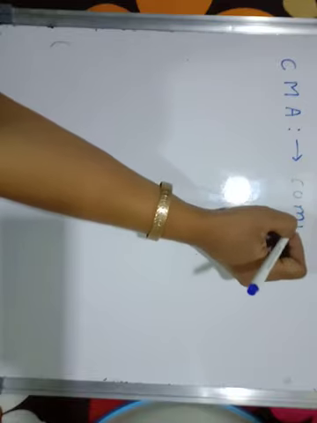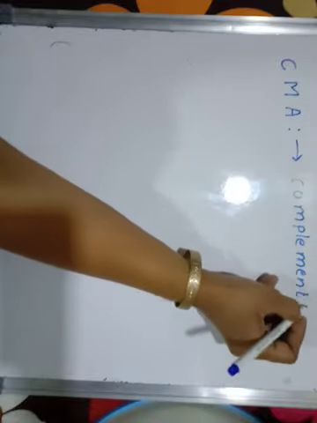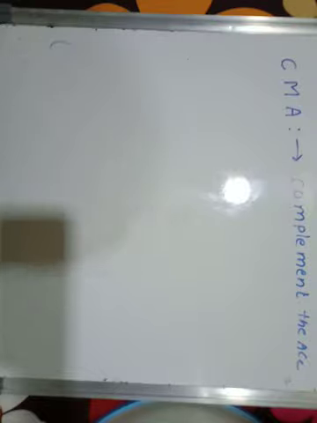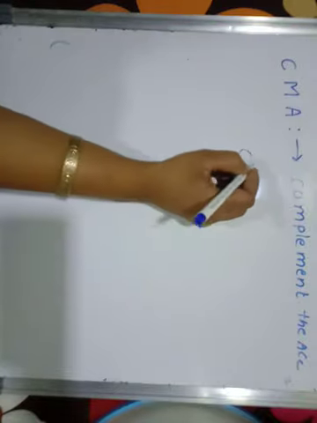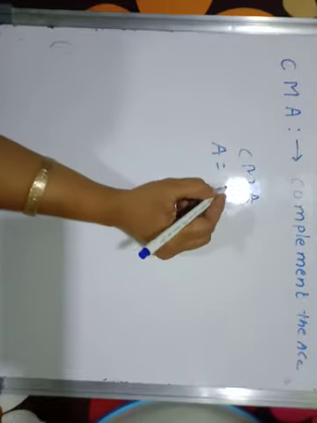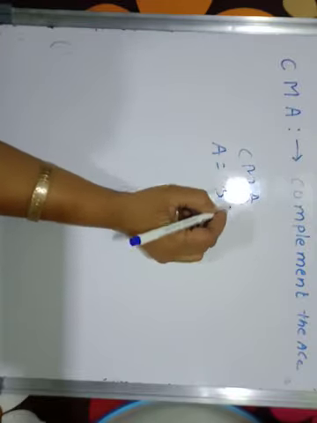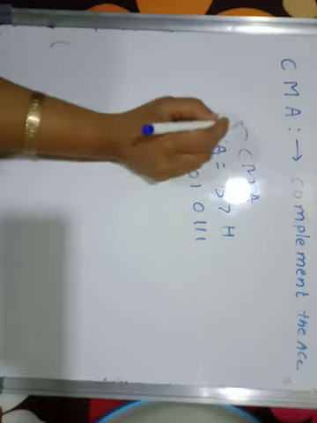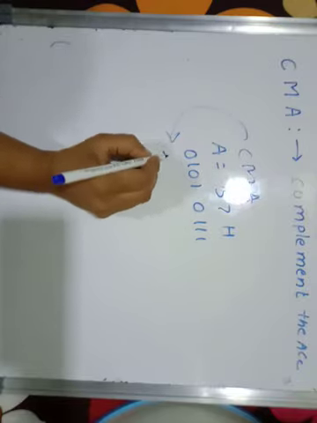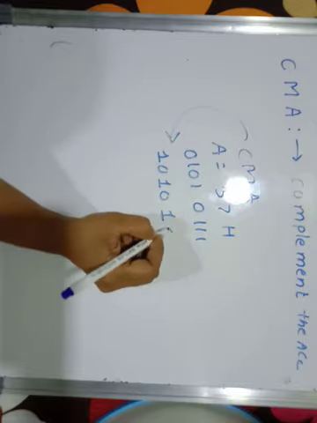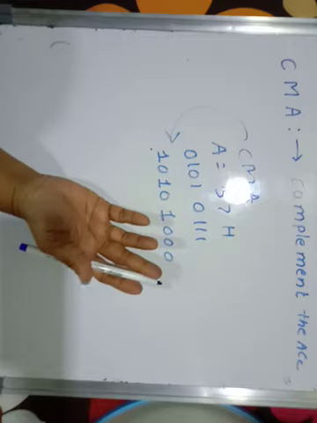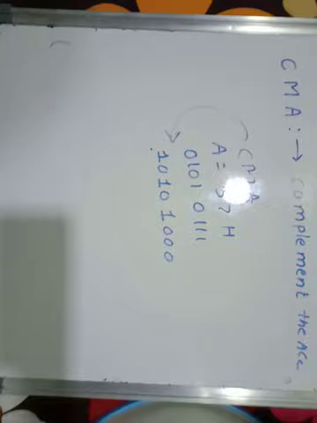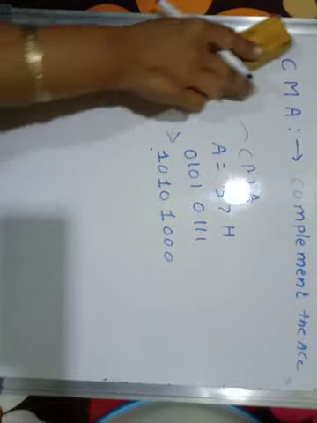It is a very easy instruction; we have seen this in the subtraction program. For example, suppose CMA is given and the contents of accumulator are 57H. Now 57 means 01010111. After performing this instruction, what will the answer be? 10101000, meaning 0 becomes 1 and 1 becomes 0. So this is the complement instruction. It is a single byte instruction, and in this instruction no flags are affected.